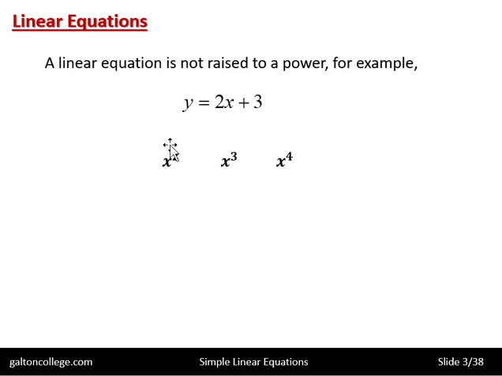There's none of these 2's or 3's or whatever. There's no other powers here. There's nothing written here. So just to drive it home, it's y equals 2x to the power of 1, which we don't write, plus 3. Well, that's the same as the one we've got above.